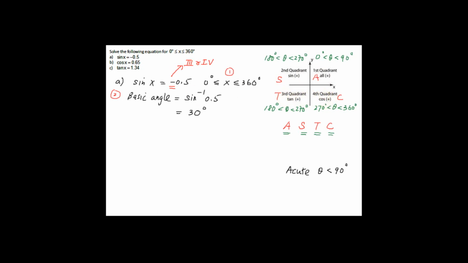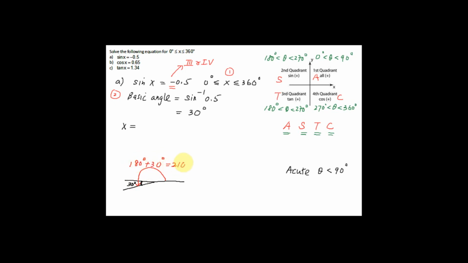So now the last step, that is to find this angle x here. How to find the angle in the third quadrant? So the basic angle is here. Remember, the basic angle is always with the horizontal line. This is 30 degrees. So you are required to find this angle here, which is 180 plus 30 degrees.